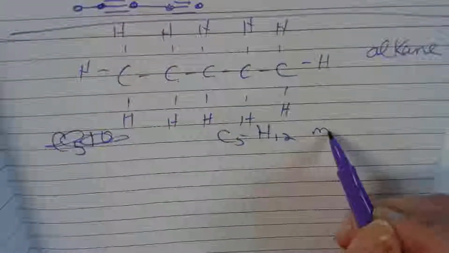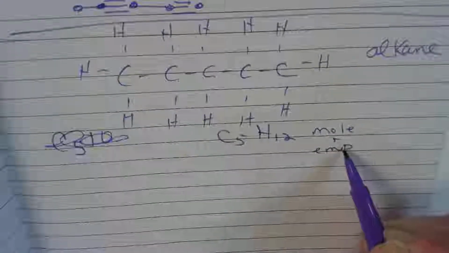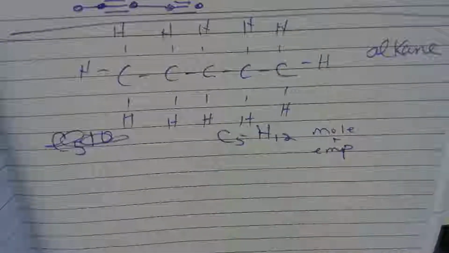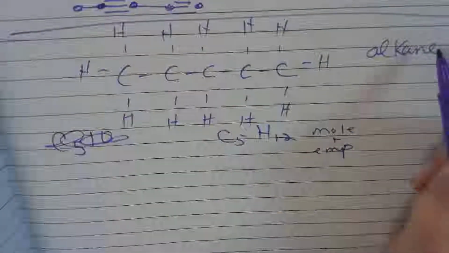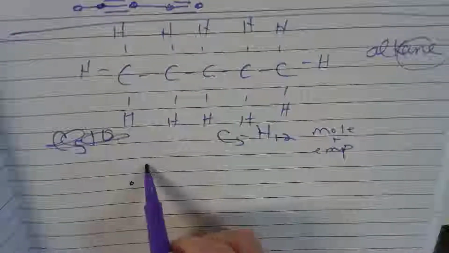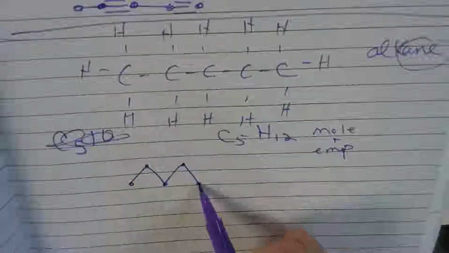So that is both your molecular and your empirical formula, because you cannot reduce that any more. It's going to have the -ane suffix. For the line structure, 1, 2, 3, 4, 5 carbons, it would look like that.